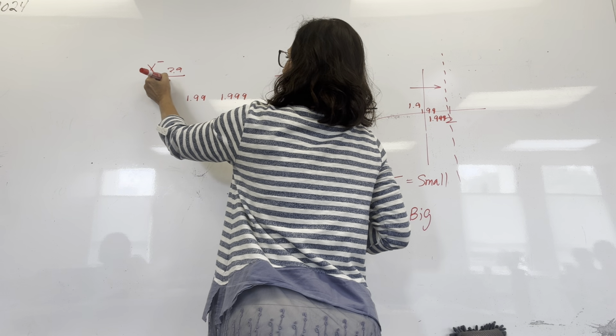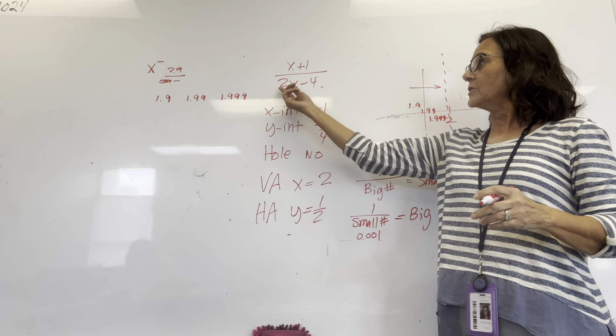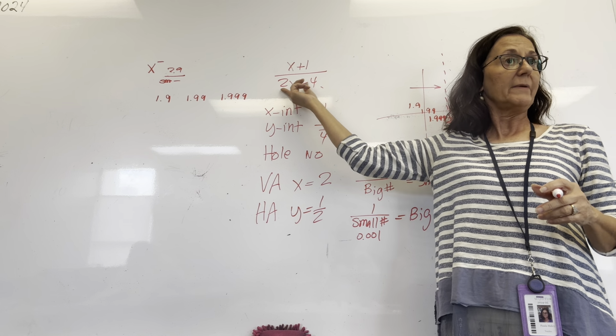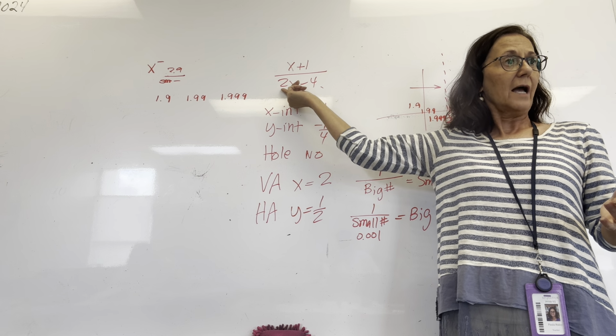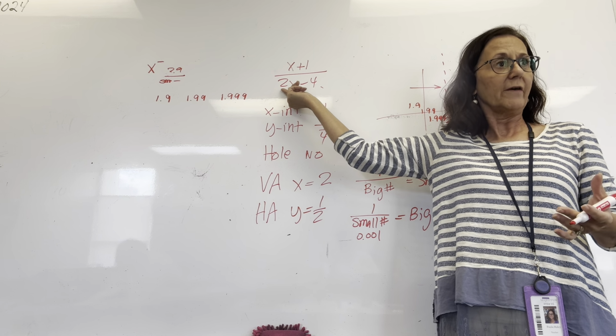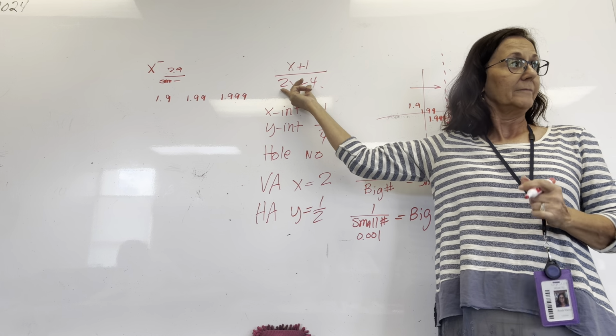Because 2 times 2 would be 4, that'd be 0, so 1.9 times 2 is smaller than 4. It's a very small negative number.